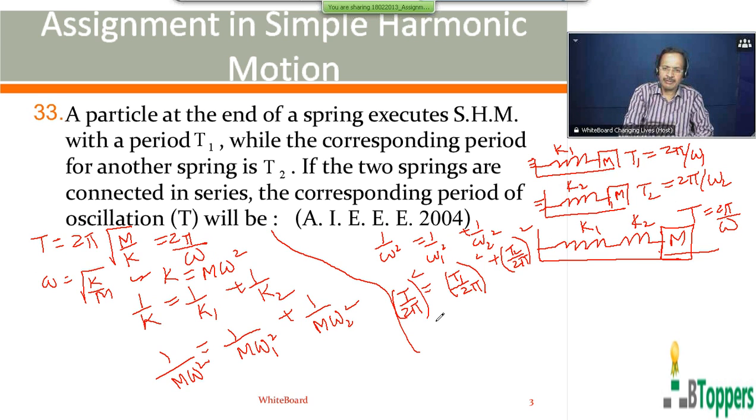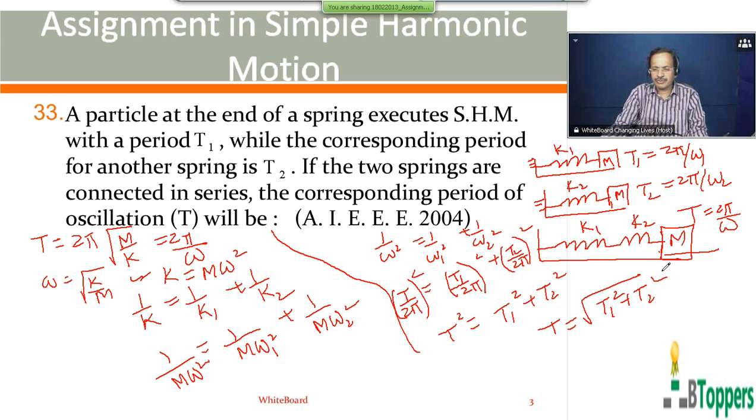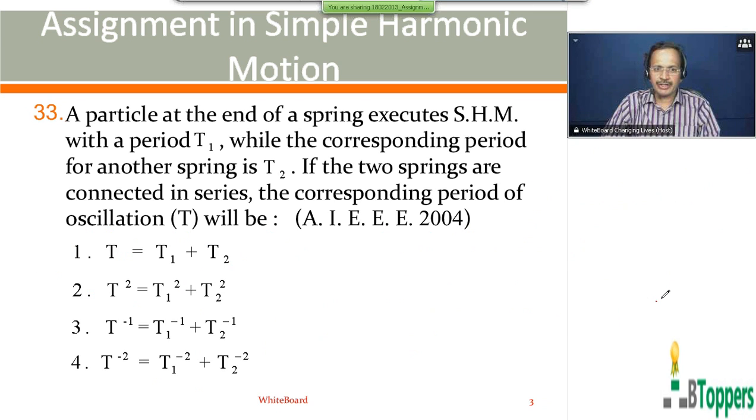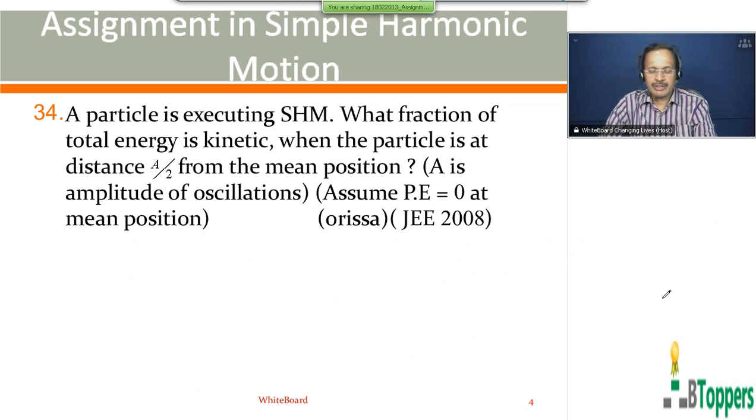So if you cancel the common factor 1 by 4 pi square, you get T square equal to T1 square plus T2 square, or T equal to root of T1 square plus T2 square. If you want to copy the solution of this question, you can take a pause and copy the solution. So for question number 33, second option is the answer. See the question number 34.